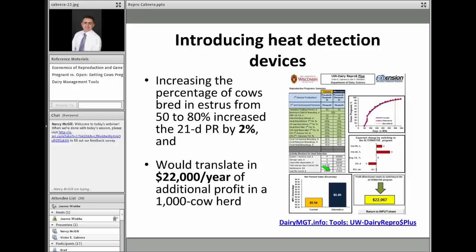You need to understand in this case that in this analysis, we introduce the heat detection devices, for example, and we use some data that has been published to assess that we would have some gain in the additional estrus detection. But as you may know also, the introduction of these new devices, this new technology would have a cost, and all those costs have been included into the analysis.